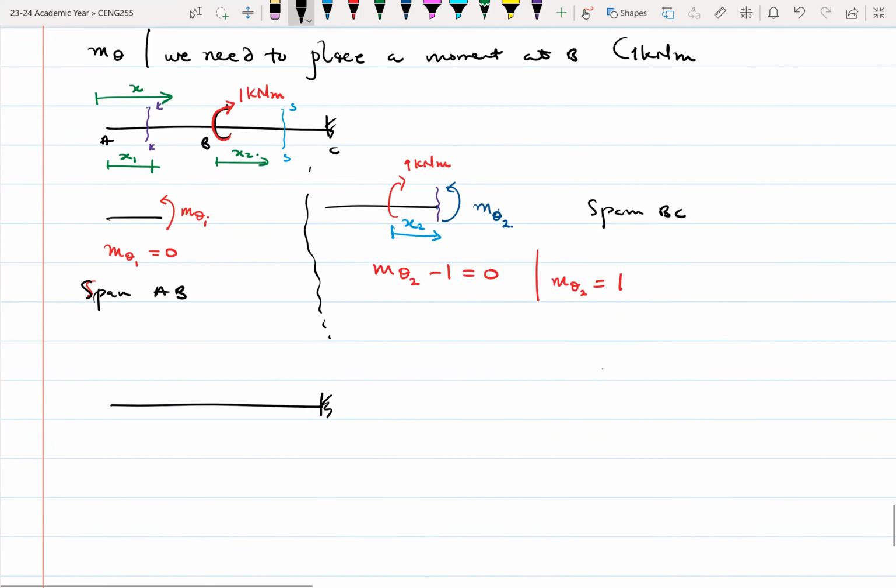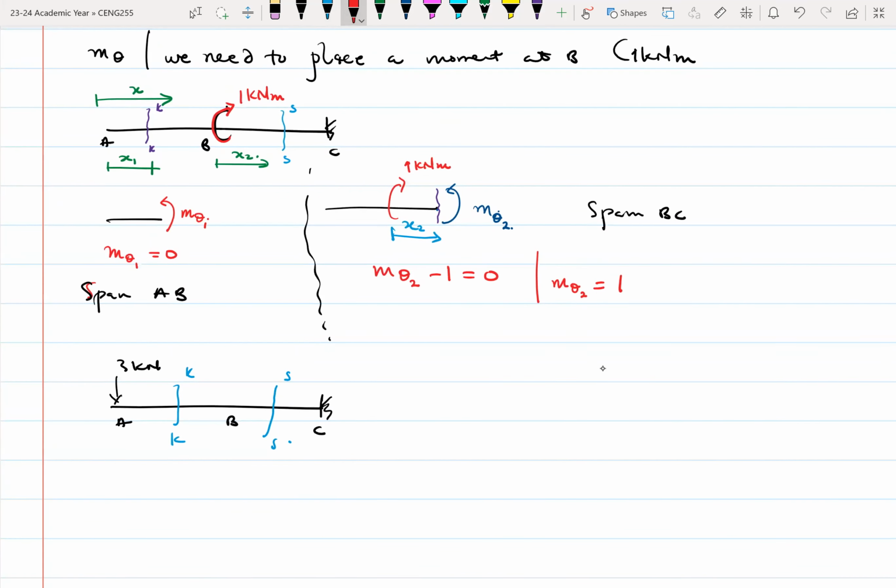So with the real moment, we take our structure as it is. It has a 3 kilonewton load. Because we're looking at different spans, again we take a section through here. We call this one KK, then another one through here, we call SS. Again, we have our X1 starting here and our X2 starting over here.